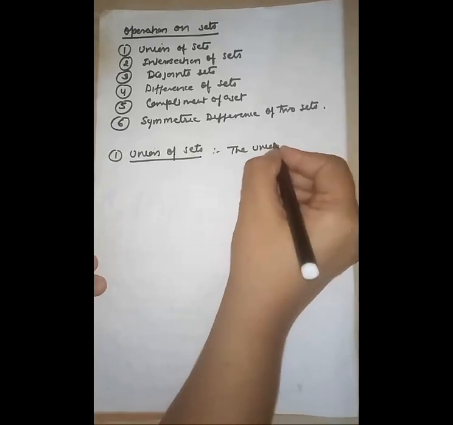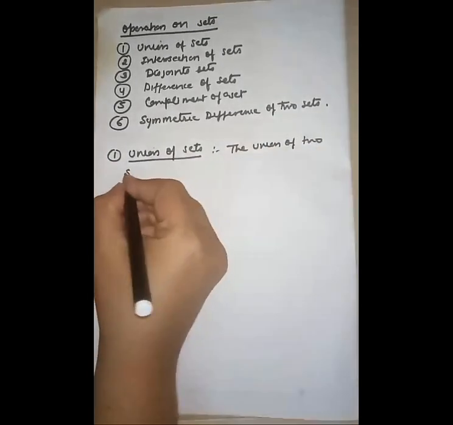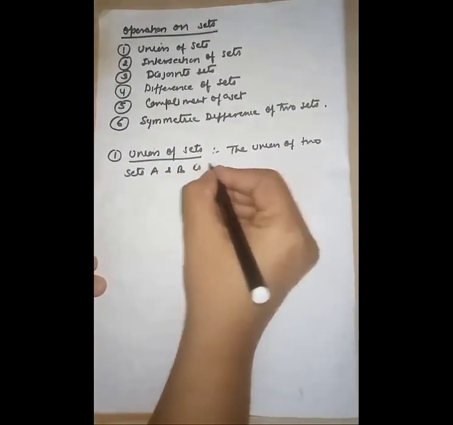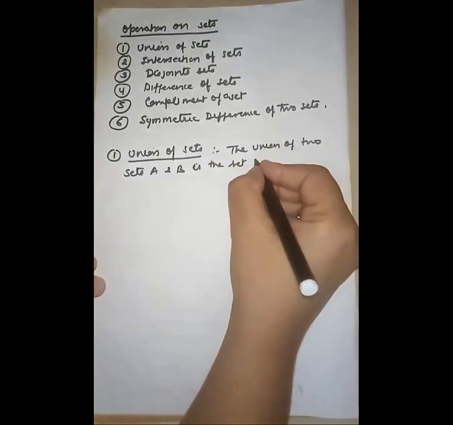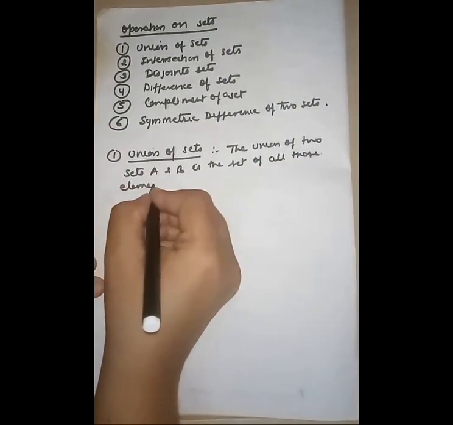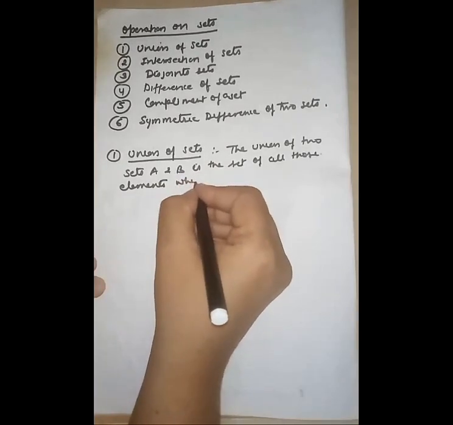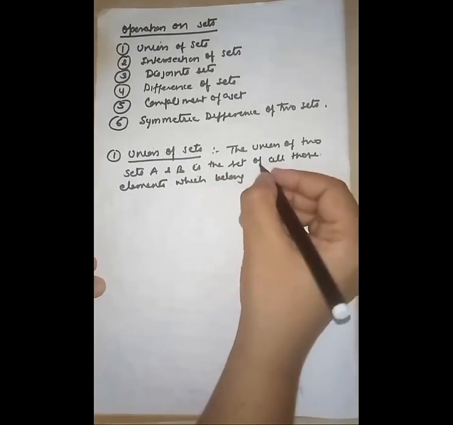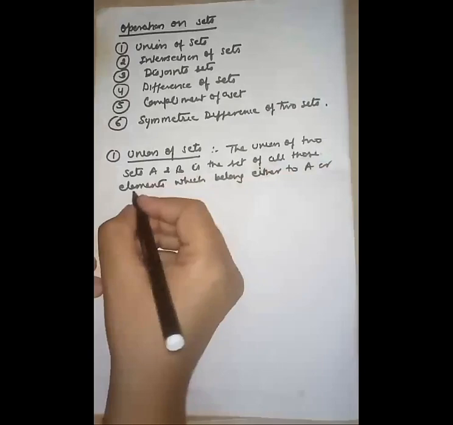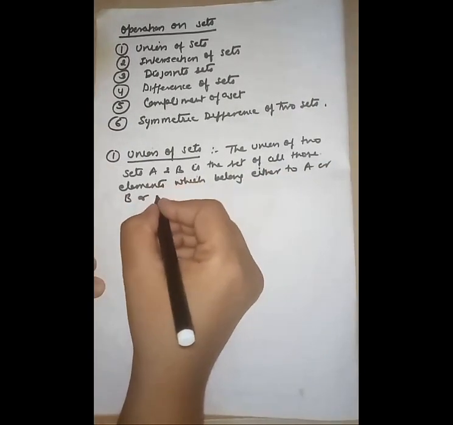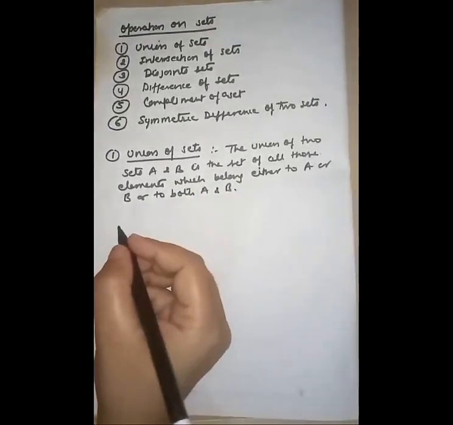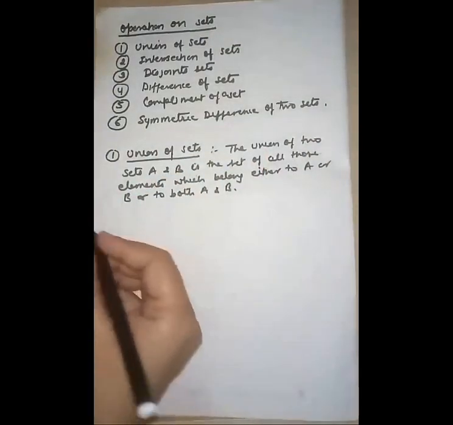The union of two sets A and B is the set of all those elements which belong either to A or B or to both A and B. If you write in set builder form, you can write it.